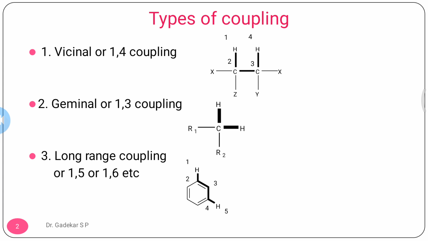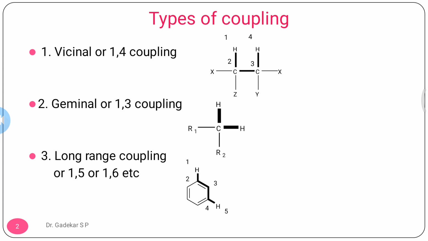This is vicinal coupling or three bond coupling, and I am showing it here with a dark line. In vicinal coupling, the protons occupy 1,4 positions with respect to each other, or are attached to adjacent carbons.